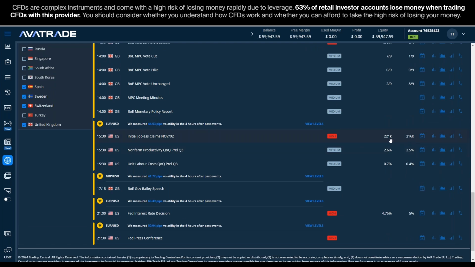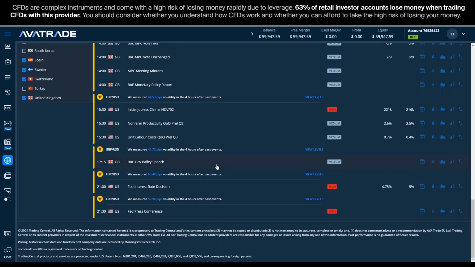Makes sense, since the job hiring was so bad that initial jobless claims would go up. This could create fear in the market tomorrow. Fear of recession, fear of the economy really not doing well. But then that's followed up with the rate decision and the Fed press conference tomorrow.